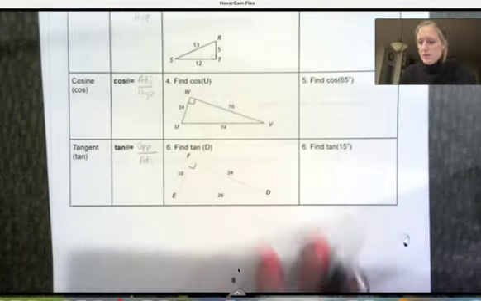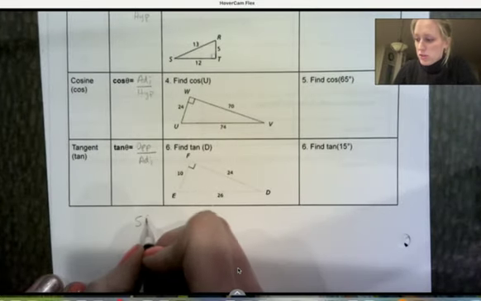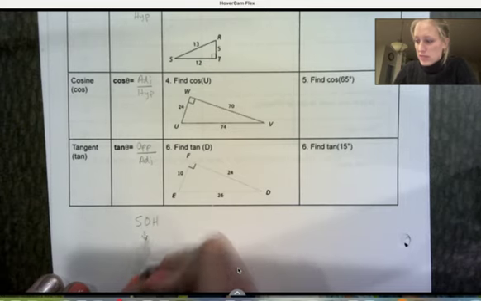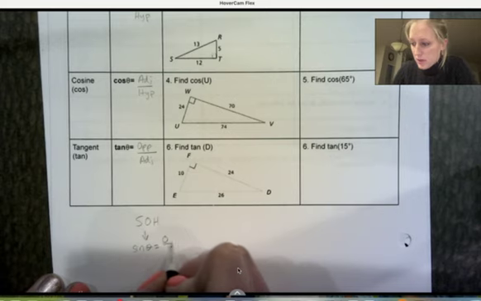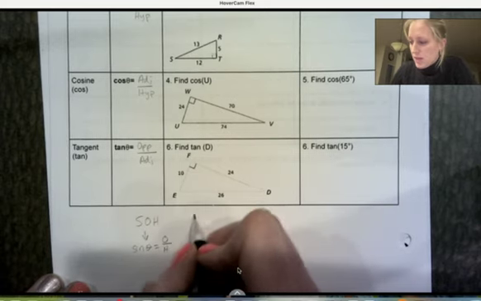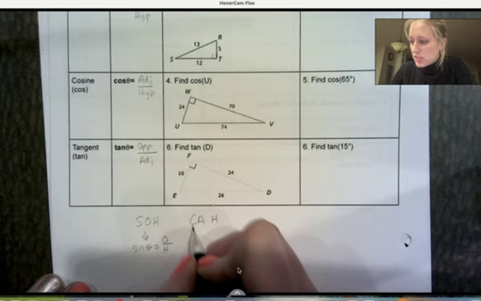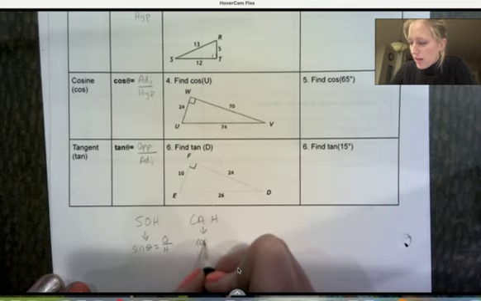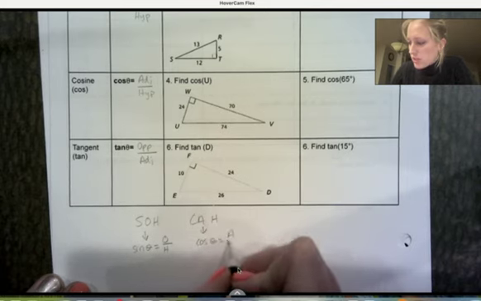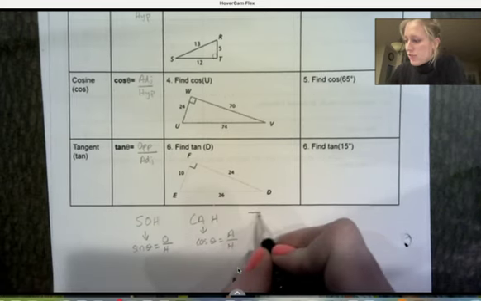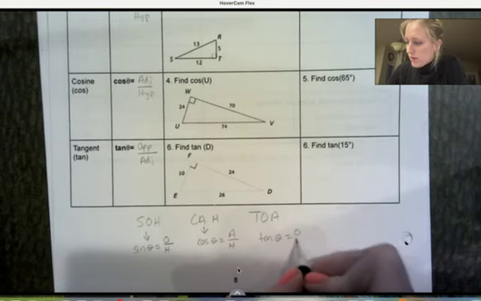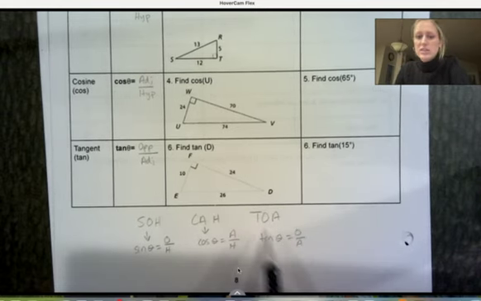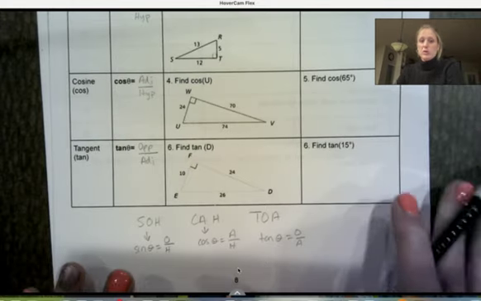I'm going to write that out down here so you can see why that's helpful. S goes with sine of theta, the angle, equals the opposite over the hypotenuse. C is for cosine, so cosine of the angle equals adjacent over hypotenuse. And TOA is saying that tangent of the angle is the opposite over adjacent. So SOH-CAH-TOA is an acronym that helps us remember those three equations.